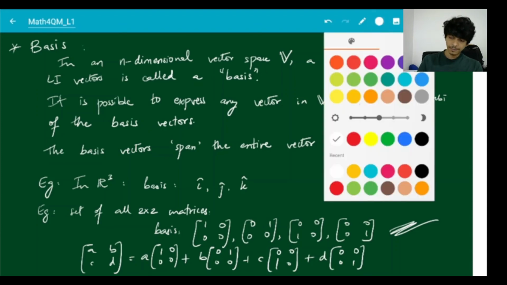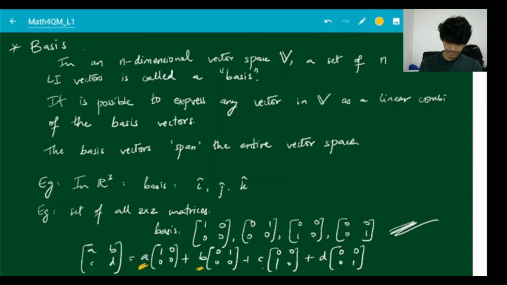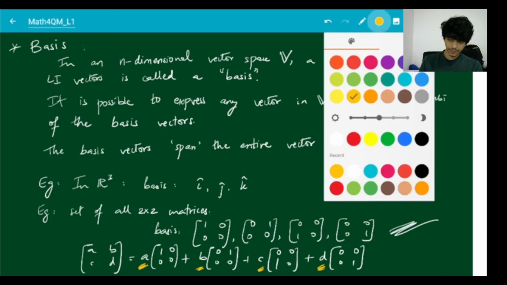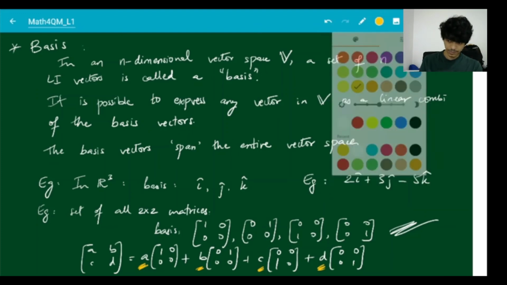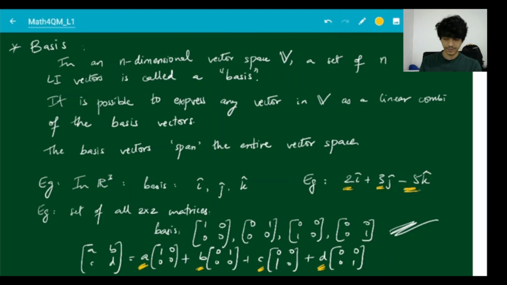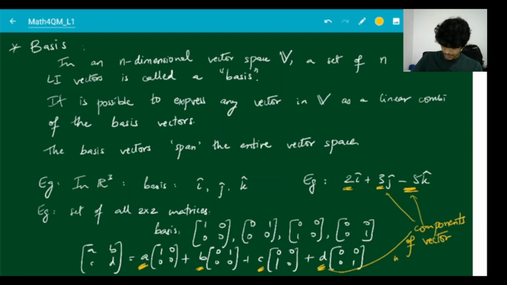These numbers in the combination, A, B, C, D, or for example in the R3 example, I could have said that I have a vector which is 2i plus 3j minus 5k. These numbers over here, 2, 3, minus 5, are called the components of this vector, components of the vector with respect to this basis.